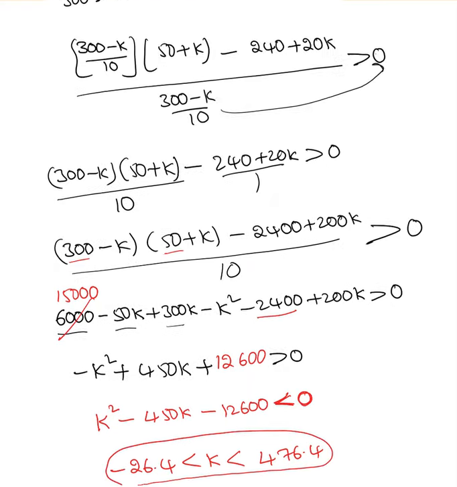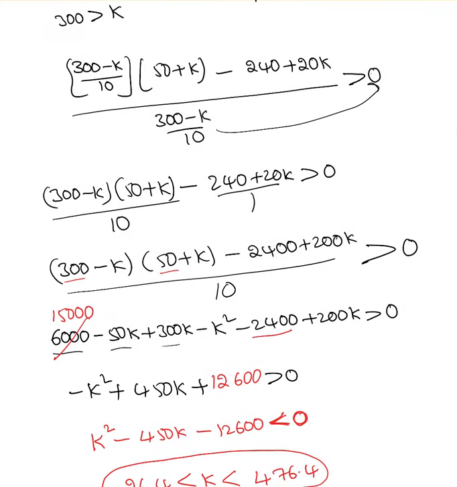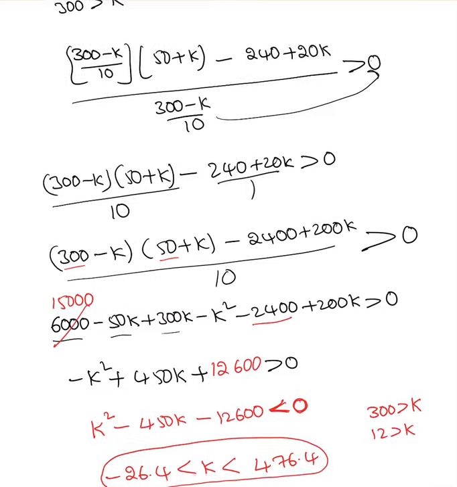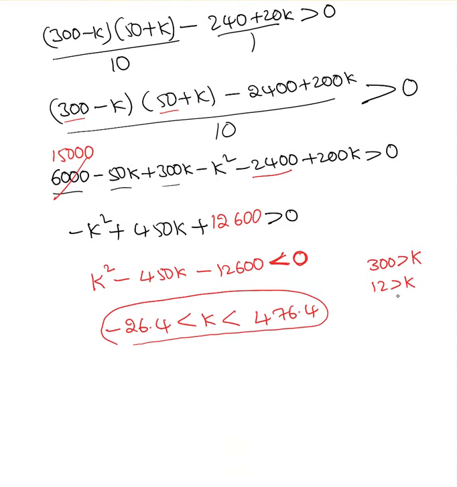Now from the previous case, I already said k value 300 must be greater than k, and at the same time 12 must be greater than k. So when you look at the upper limit, I have k value must be less than 300, k value must be less than 12, and k value must be less than 476.4.